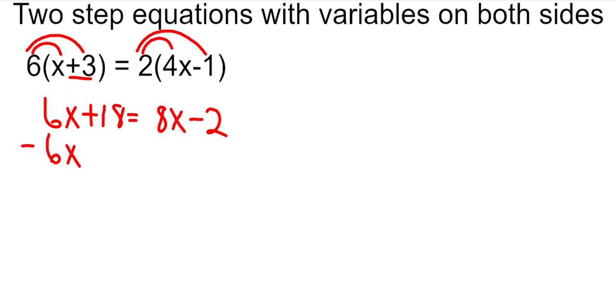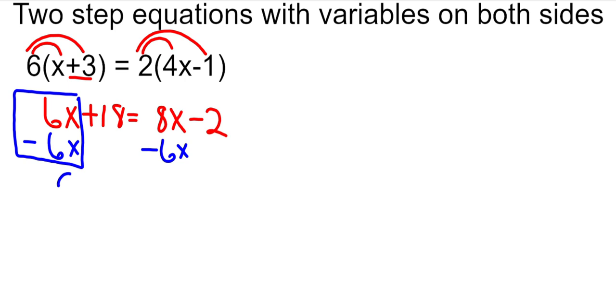So here, let's do that in another color, as a matter of fact. Let's go ahead and switch that to blue. That way we can show the next step. I'm going to subtract 6x from both sides. Once I subtract 6x from the left, I'm going to go ahead and box this in here, because 6x minus 6x, well, that just adds up to 0, right? Because if I have something and I take that same amount of something away, there's nothing left.